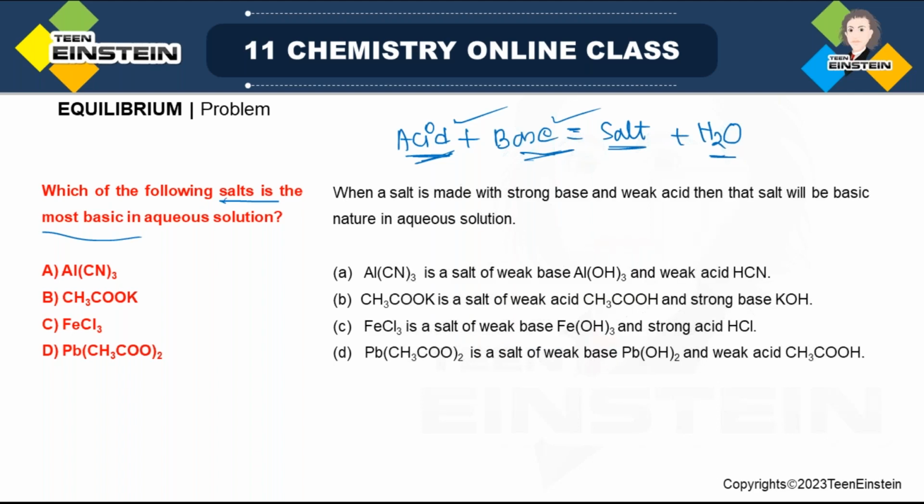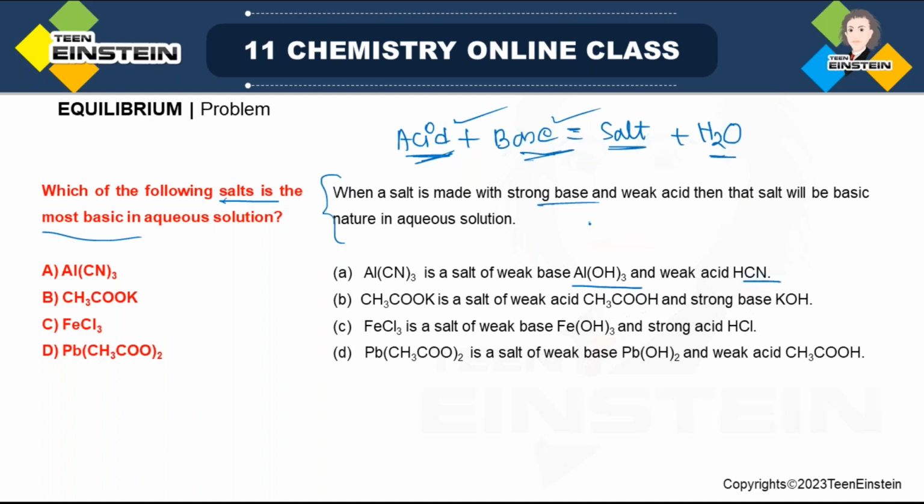Aluminium salt is a salt of the weak base Al(OH)3 and an acid. This line is important: when a salt is made from a strong base and a weak acid, only then will the solution be basic in aqueous solution.